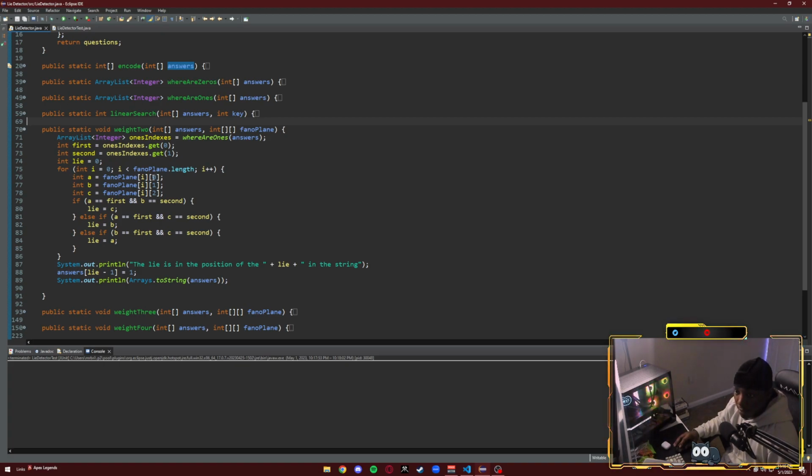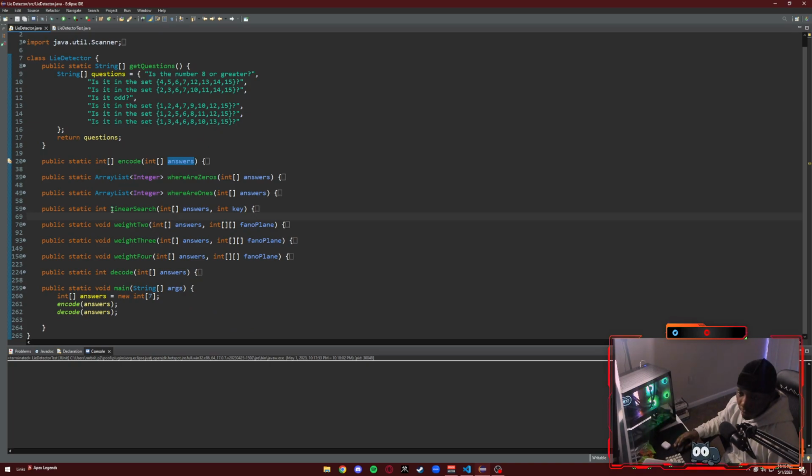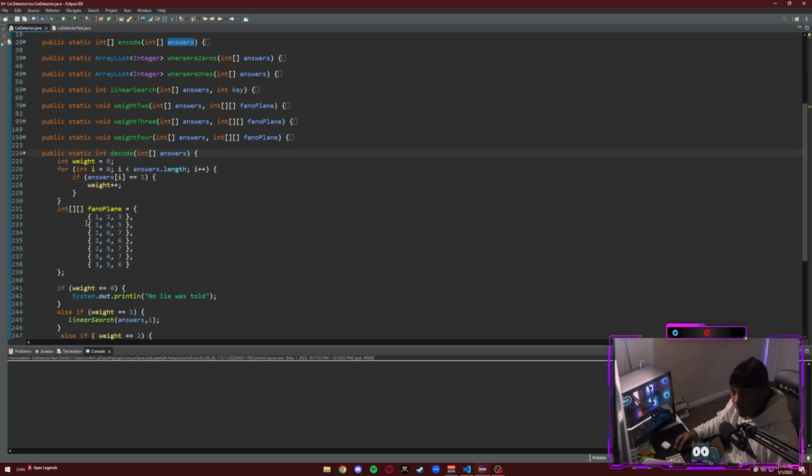And then of course it compares it to the rows in the Fano plane one by one. Same way with weight 3 and 4, but I'm going to show you the decode method here.